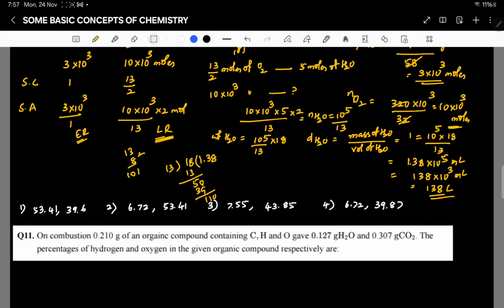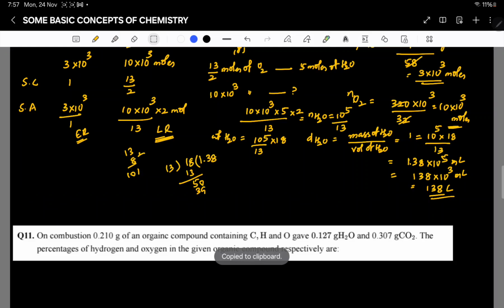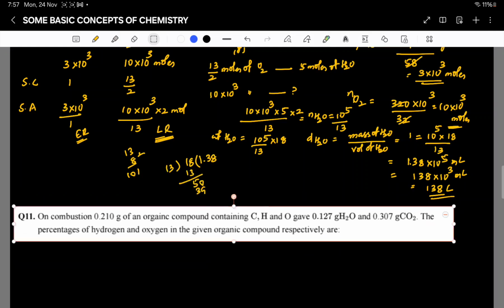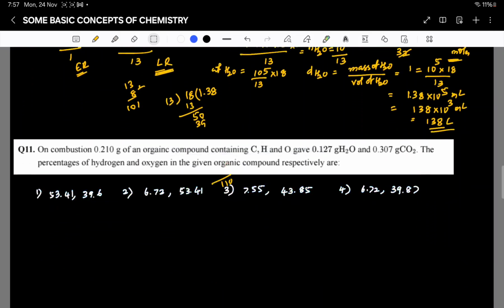Next question, student, look at the next question. Right, look at it, student, the question is given as: on combustion of 0.210 grams of an organic compound containing carbon, nitrogen and oxygen gave 0.127 grams of H2O and 0.307 grams of CO2. It is asking for the percentage of hydrogen and oxygen.